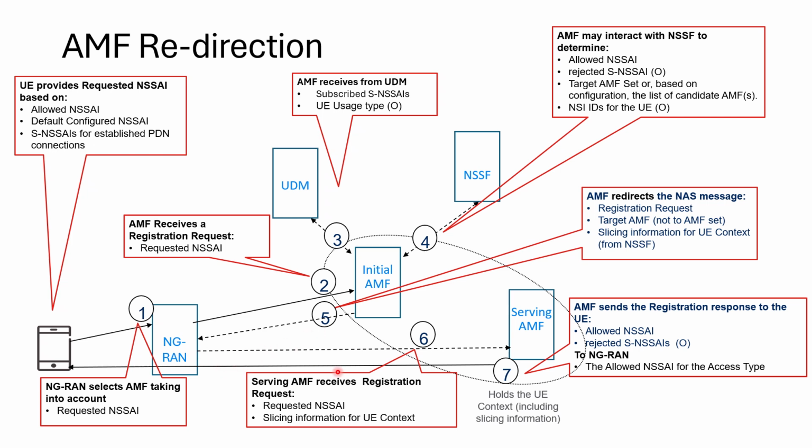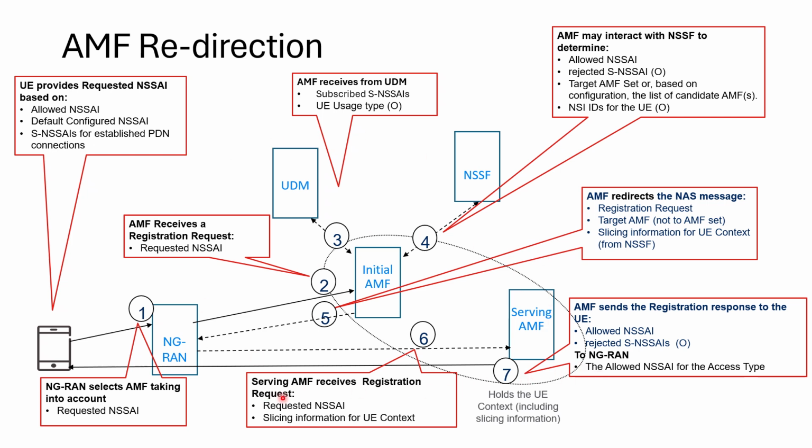Now in step 6, the new AMF, now designated as the serving AMF, receives the forwarded payload, and it now has the user request, the authorized slice ID, and also the mandate to take over for that particular session.